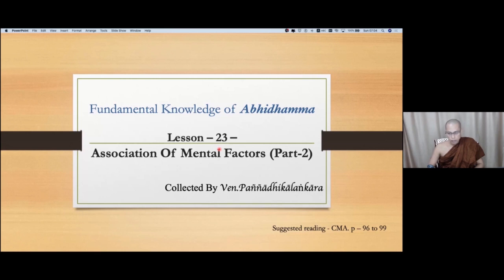Then unwholesome mental factors. We have divided 52 mental factors into 3 groups: Anyasamana group and Akusala group. Then the last one, Sobhana group.